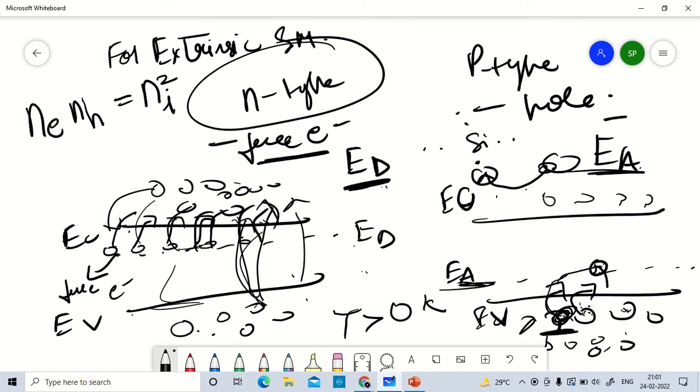Whereas 1.1 electron volt and 0.7 for silicon and germanium are both less than 3 electron volt, and therefore they are semiconductors. Sn is a group 4 element, but it is a metal because the energy gap is 0 electron volt.